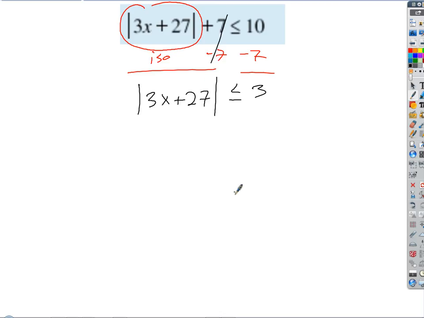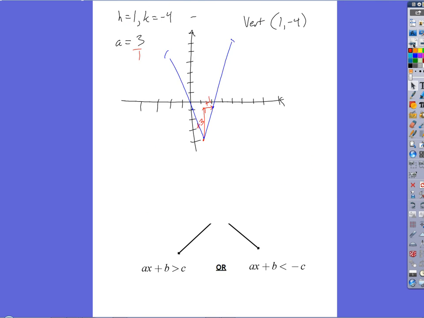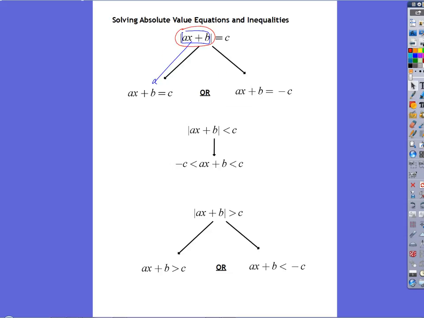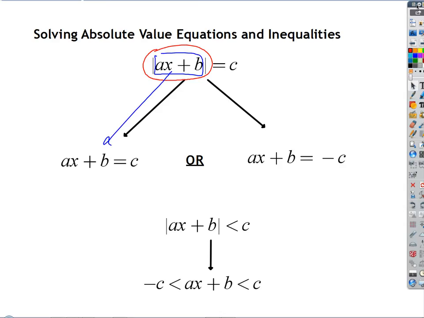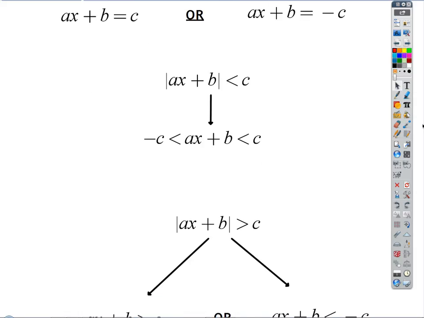Good. But now what? Now we got to go back to that sheet and see. There it is. We got to move down, right? So this is a case where we had an absolute value expression that's less than a number.